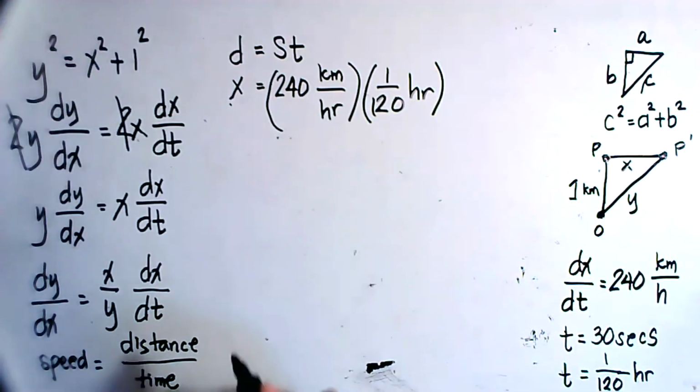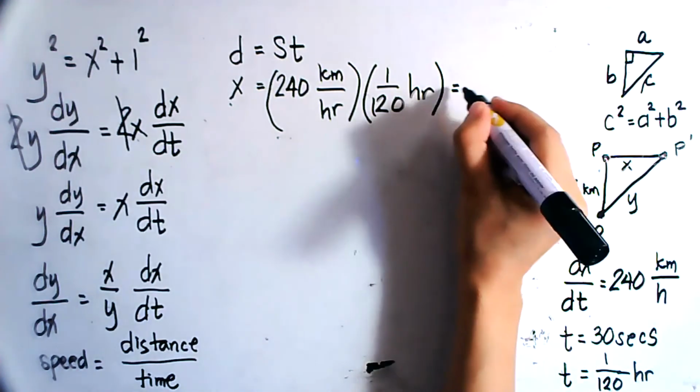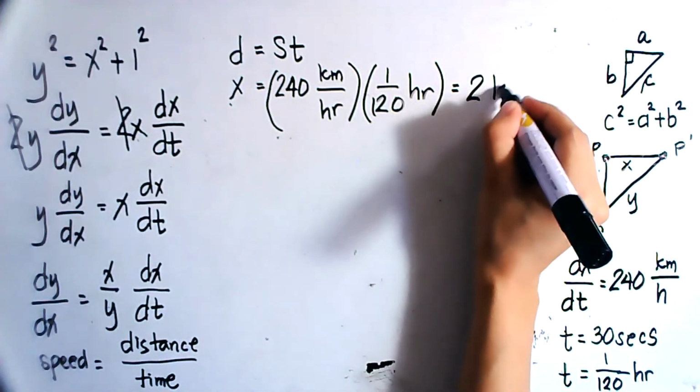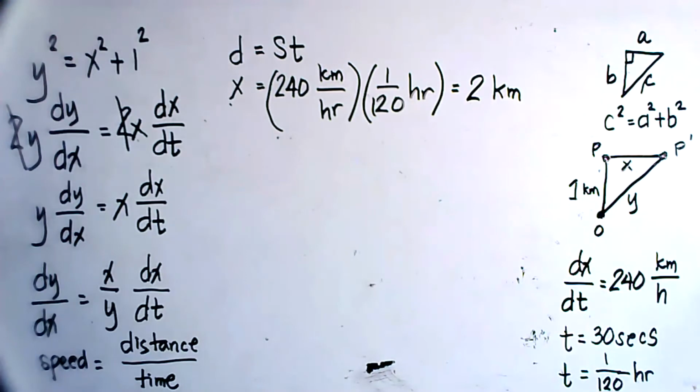And that would mean the value of x is equal to 2, the unit of which is kilometers.